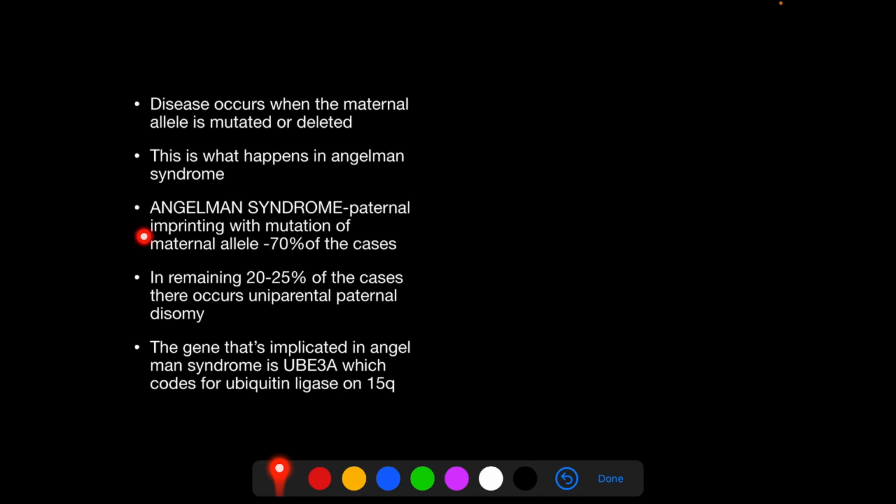Now this is what exactly I have been trying to explain. And this particular phenomenon occurs in 70% of the cases. In remaining 20 to 25% of the cases, there occurs a phenomenon called uniparental paternal disomy.